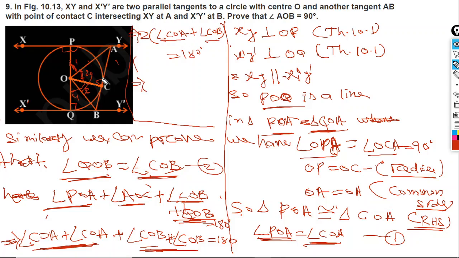Look at the figure, COA, this angle, plus COB, this angle, will be equal to AOB. So instead of these two angles we will write angle AOB, which will be equal to 180 by 2, which is equal to 90 degrees. So angle AOB equals 90 degrees.